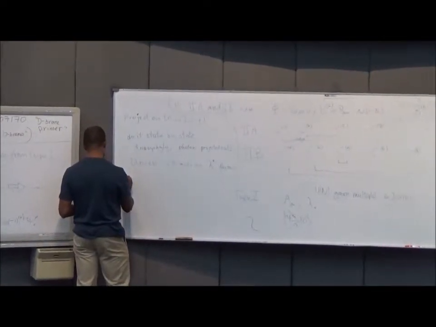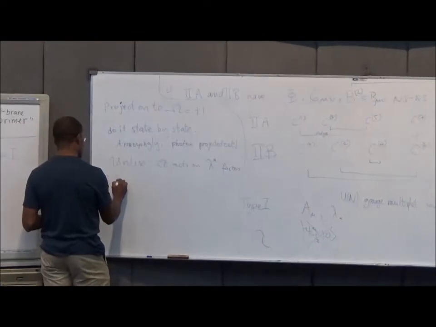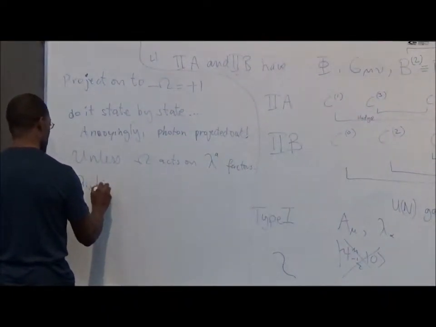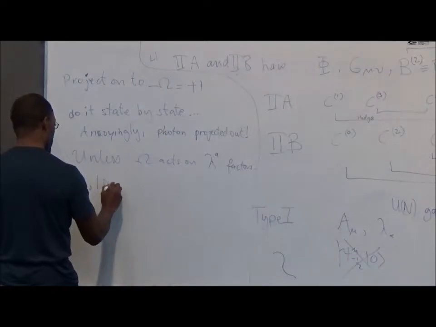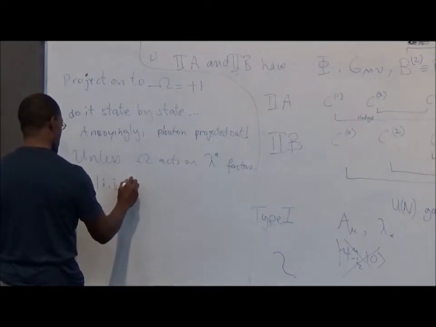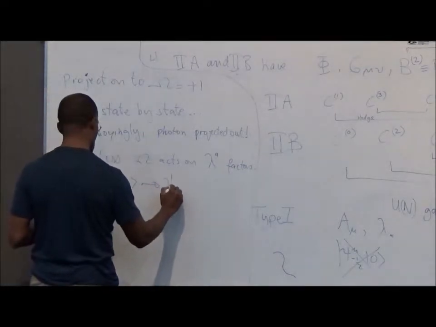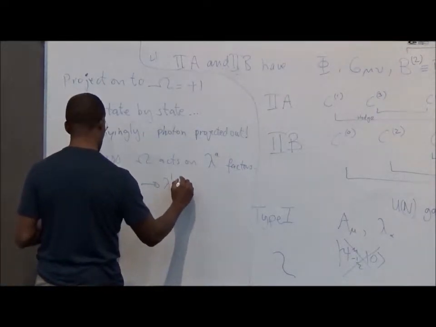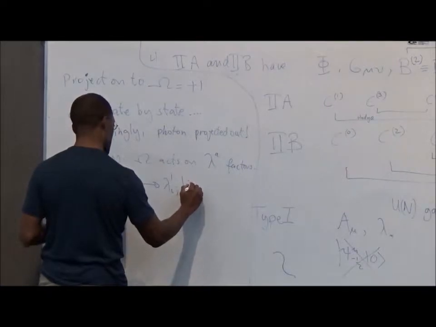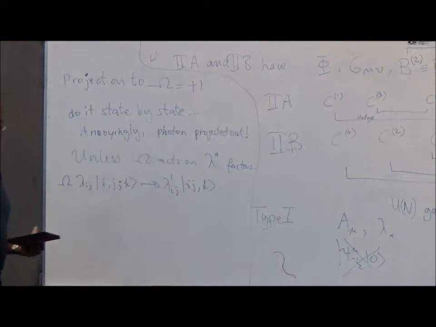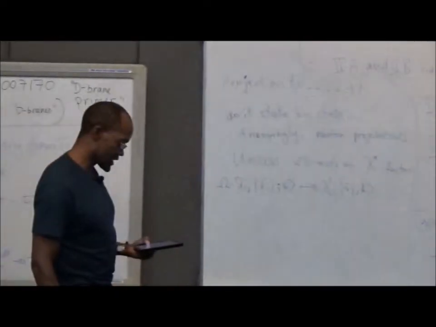Okay, so omega on lambda ij, j k, where k is momentum, goes to some lambda primed ij, k would be what we get.